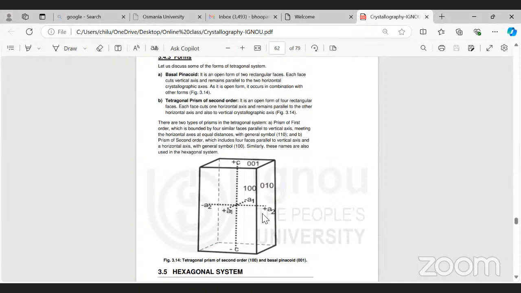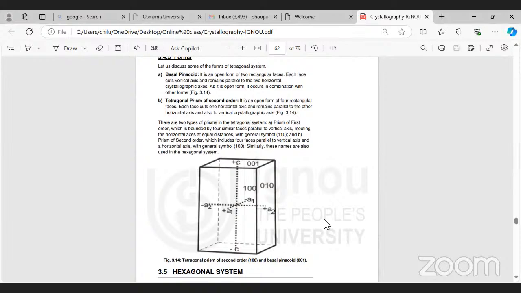Each face cuts the vertical axis and the remaining two are parallel. It is a vertical face that will be cutting, and these two remaining are parallel to each other. So these two are horizontal. This one horizontal, this one also horizontal.